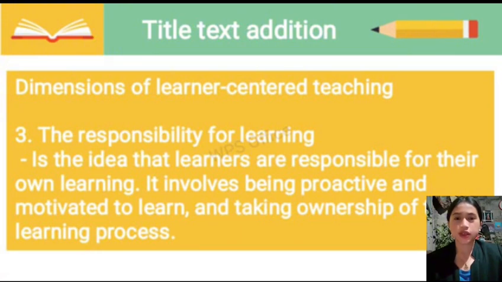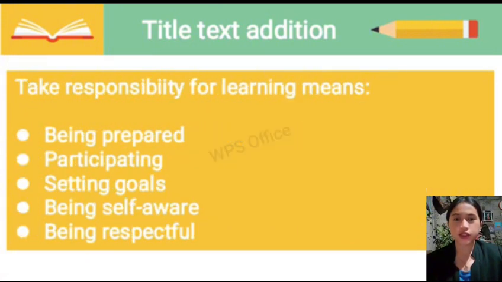The responsibility for learning is the idea that learners are responsible for their own learning. It involves being proactive and motivated to learn and taking ownership of the learning process. Taking responsibility for learning means being prepared, coming to class ready to learn, including doing pre-work like reading and studying.